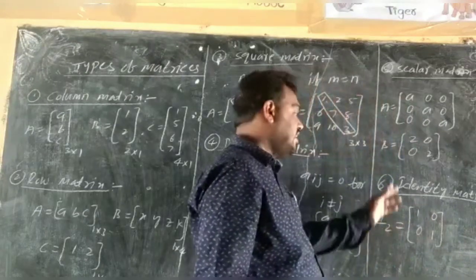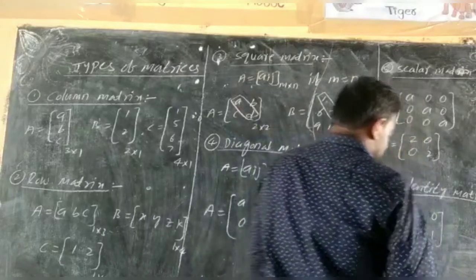So it is called the identity matrix of order 2 cross 2.